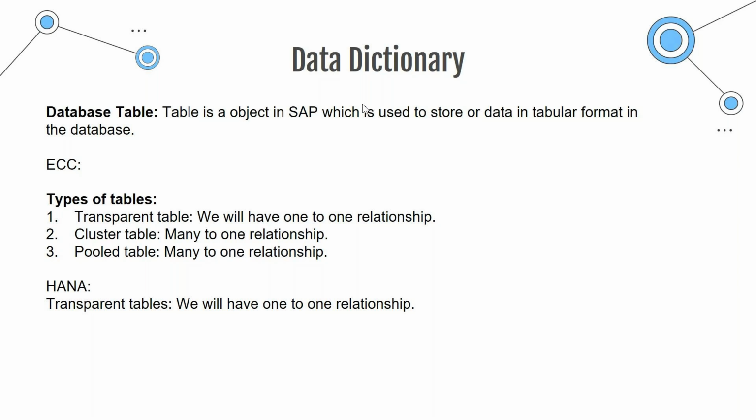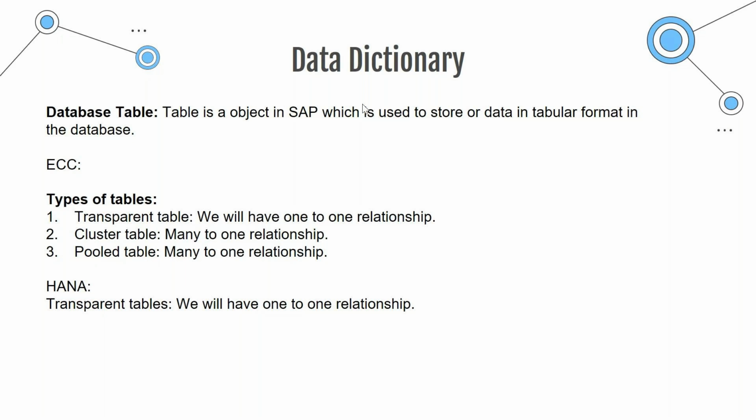In the HANA system we will only see one category, the transparent table. If I'm seeing 10 fields in the screen, then in the database also I'll only have 10 fields. Zero confusion. With cluster and pooled tables, there was confusion: I'm seeing five fields here, but what could be the number of fields in my database? That confusion was there. But with HANA, no confusion.